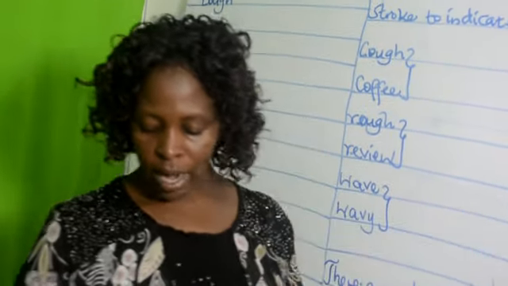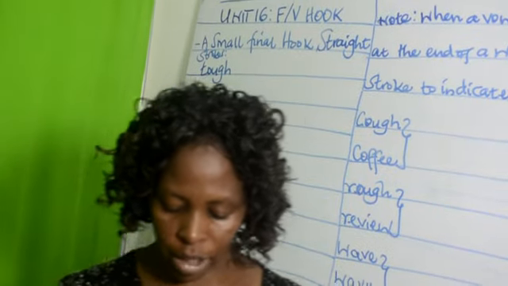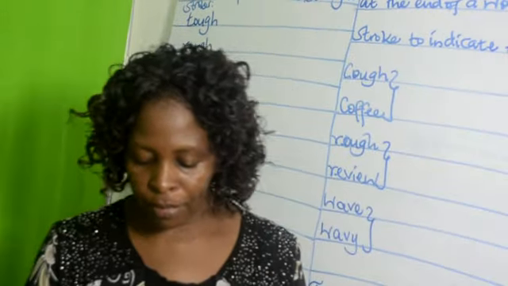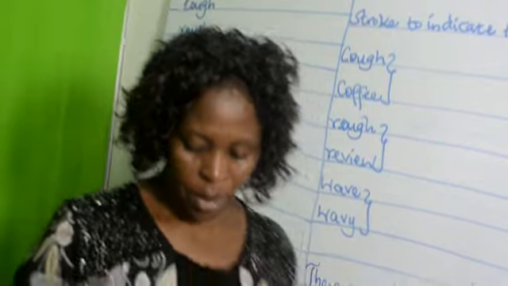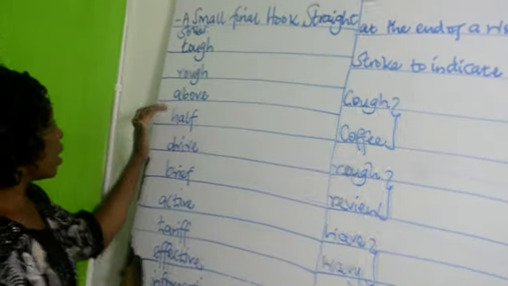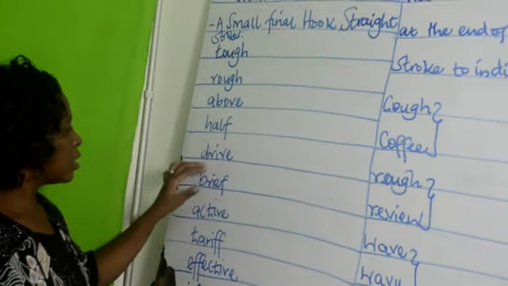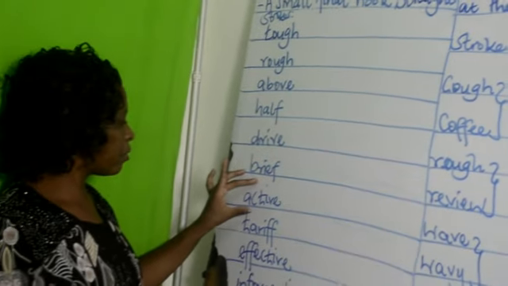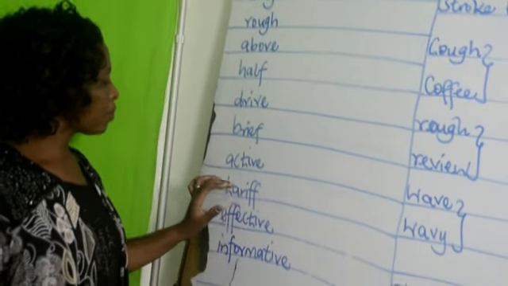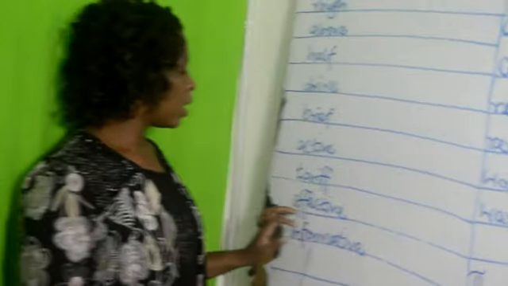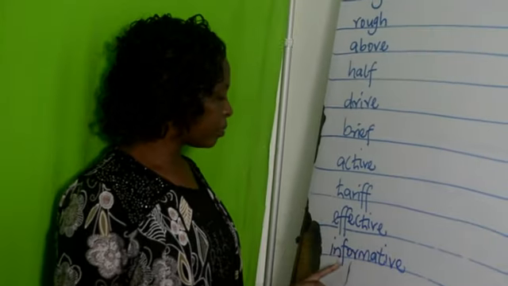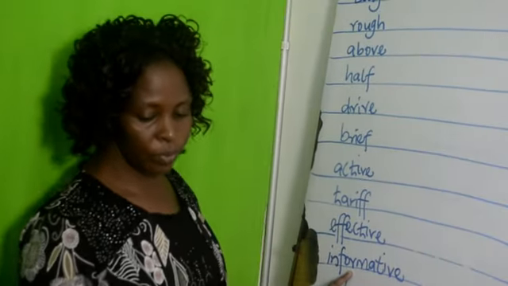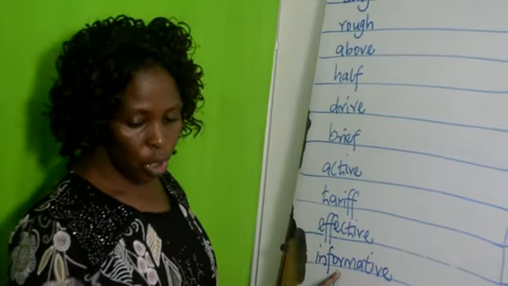Pronounce them as you drill: tough, rough, above, have, drive, brief, active, tariff, effective, informative. So we are going to practice drilling this.